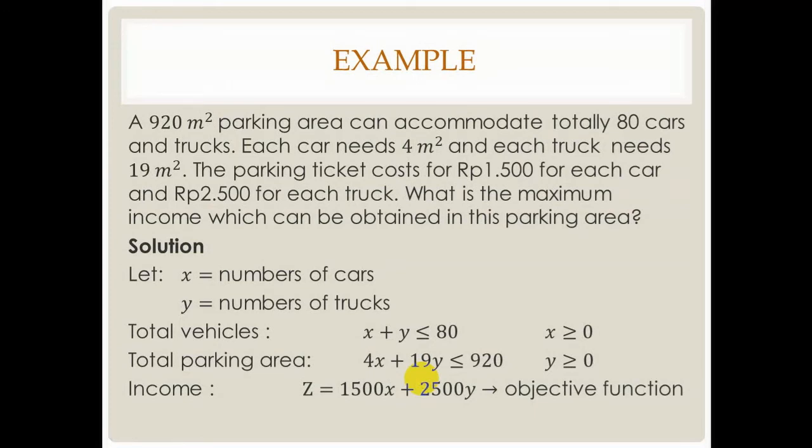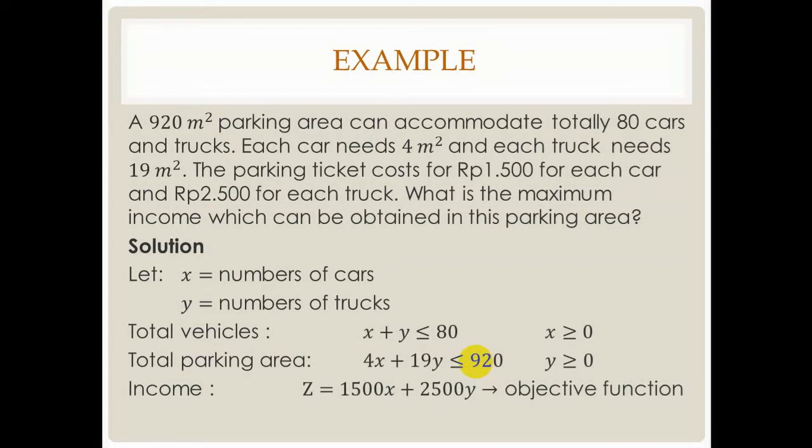It's impossible for them to have more than 920, so we can write here less than or equal to 920. So x plus y less than or equal to 80, and 4x plus 19y less than or equal to 920, these are called constraints, everyone.